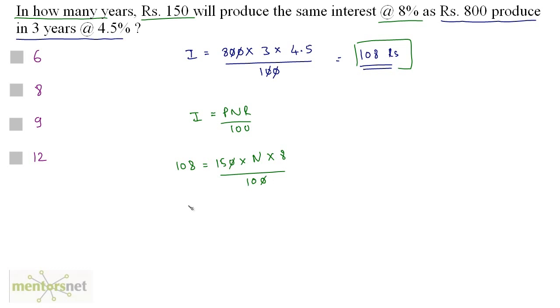So this 0 gets cancelled out. 2 times 5 is 10, and 2 times 4 is 8, and 5 times 3 is 15. So N is equal to 108 by 3 times 4, and that's 108 by 12, and that is equal to 9. 12 times 9 is 108. So 9 years is the answer, option C.